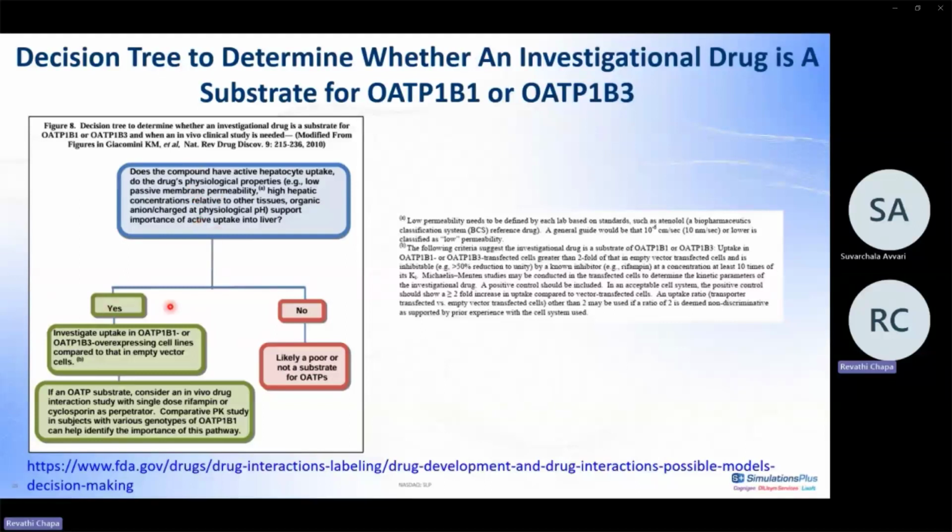Then we would determine the uptake in the OATP 1B1 or 1B3 overexpressing cells.